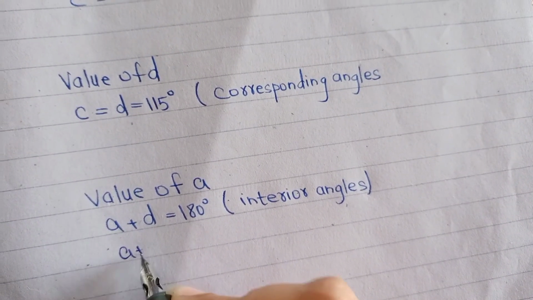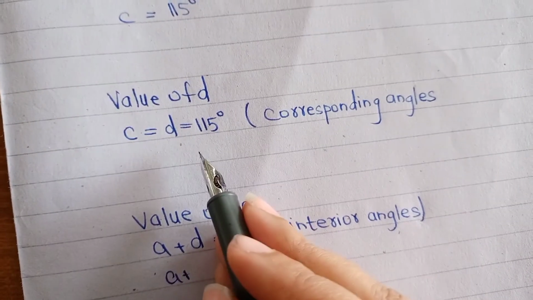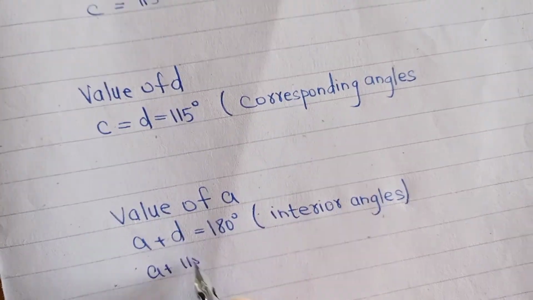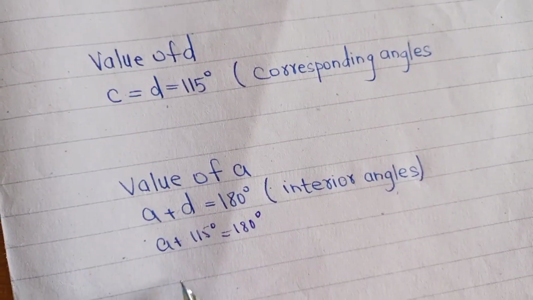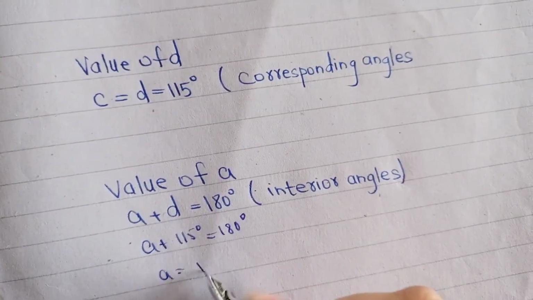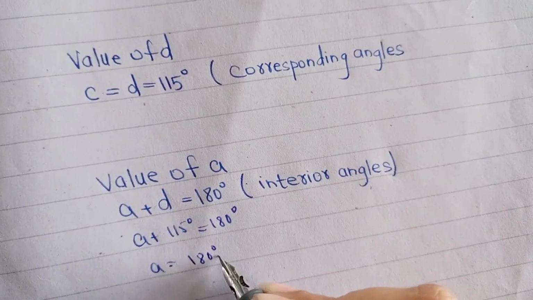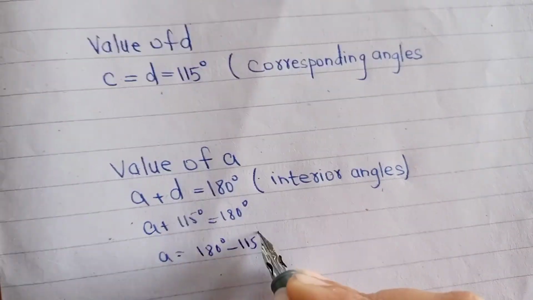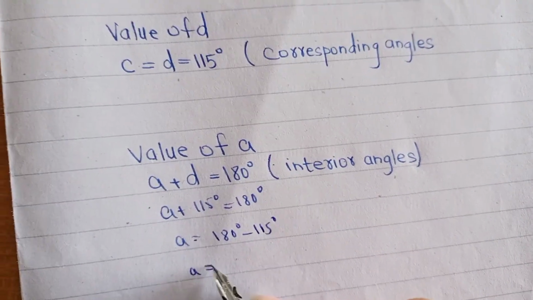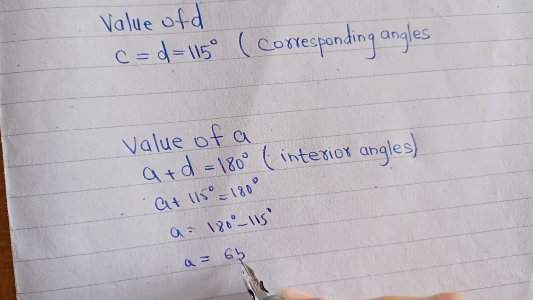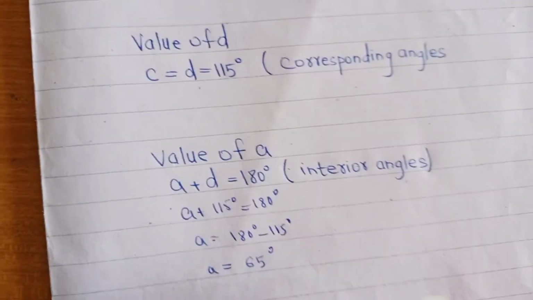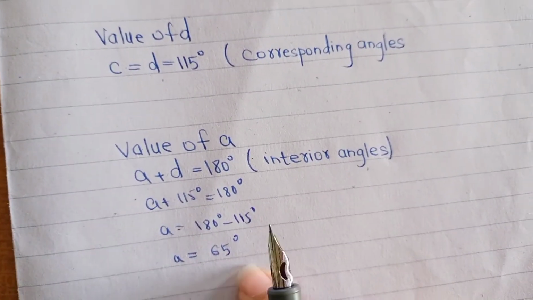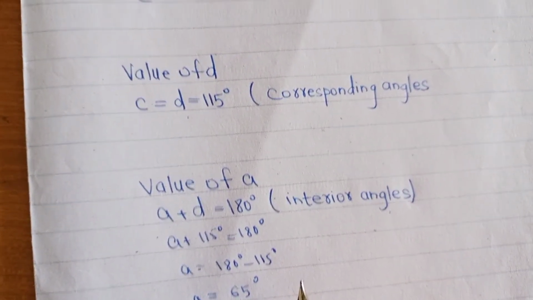A value I do not know, but D value I know from the above step, that is 115 degrees, equal to 180 degrees. You will subtract 115 degrees from 180 degrees and you will get the answer 65 degrees. So that's how I have solved that A is equal to 65 degrees.